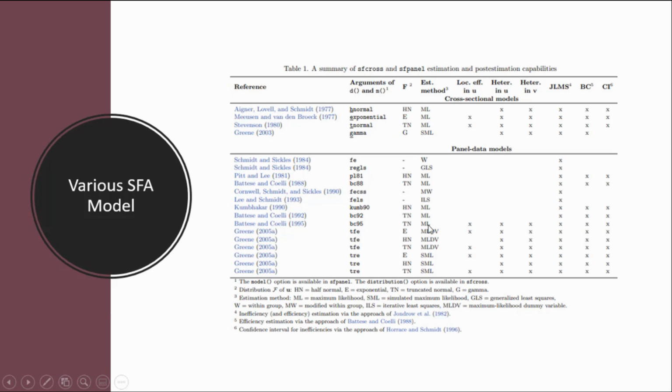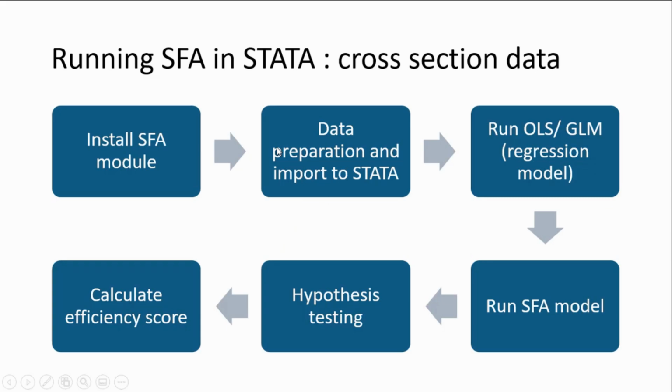Maybe in the next video I would like to discuss the panel data model and how to run technical efficiency in STATA, especially for the cross-section data. The first step is to install the SFA module in our STATA, and then we prepare our data and import it to STATA, and then we run the regression model, and then we run the SFA model, and then we test the hypothesis of whether inefficiency exists in our model or not.